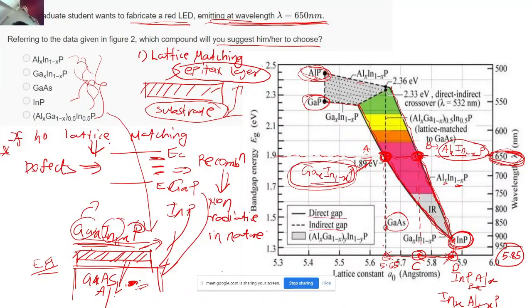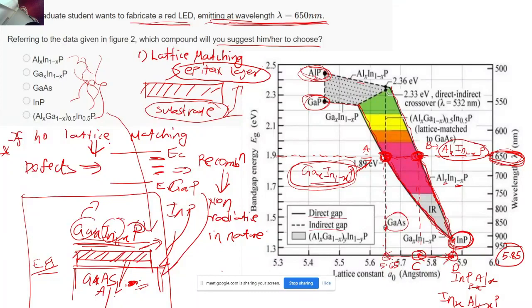Now look at the gallium arsenide that is present over here. Its lattice constant is near 5.65. So if I take a substrate of gallium arsenide, just look at the figure that I have drawn. I had taken a gallium arsenide substrate, and on top of that I had grown this gallium indium phosphide epitaxial layer. Now it is satisfying both the conditions.